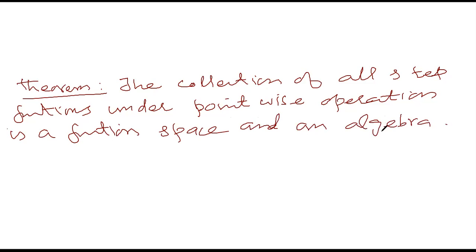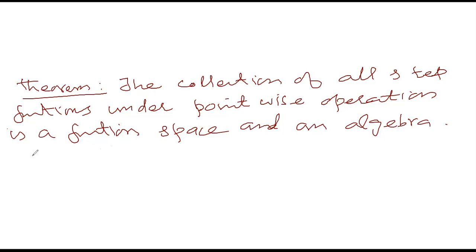By algebra we mean that it's a ring as well as a vector space, and it has more properties that link these two operations, the multiplication of a ring and the addition of a vector space.